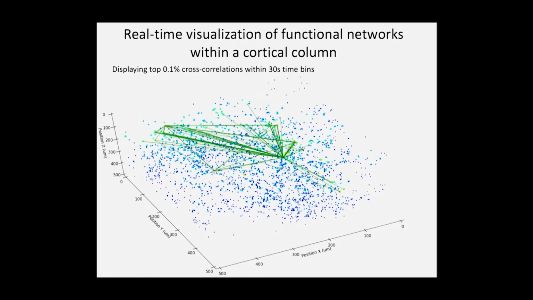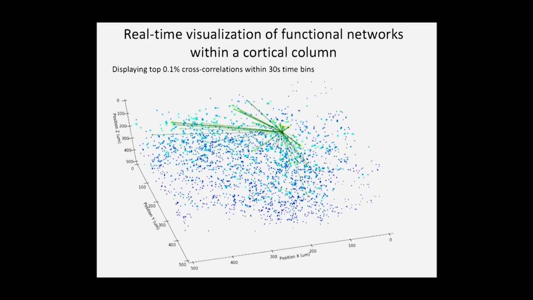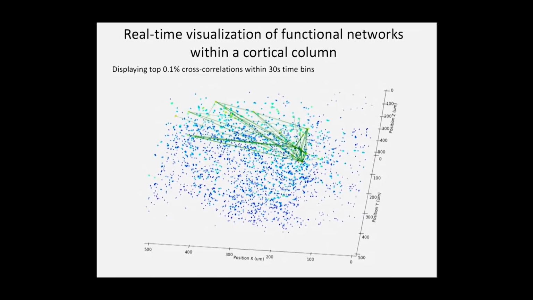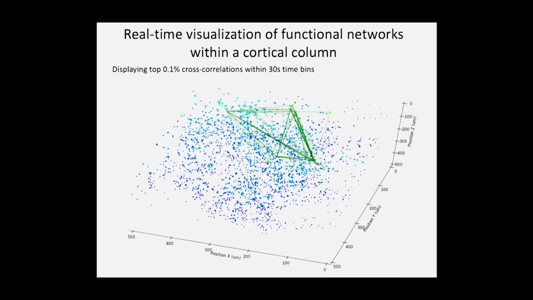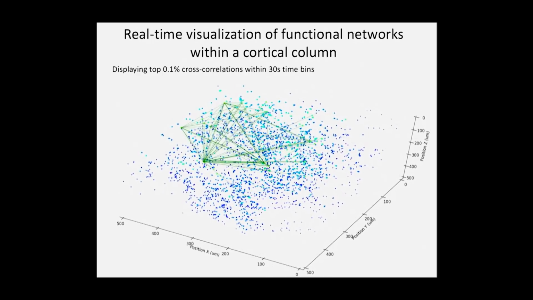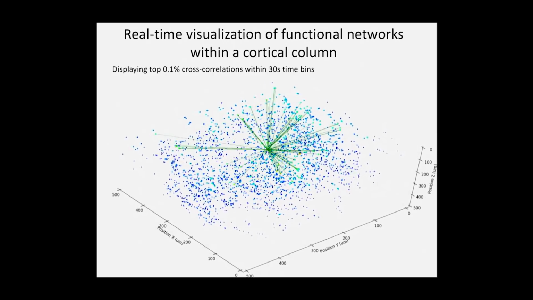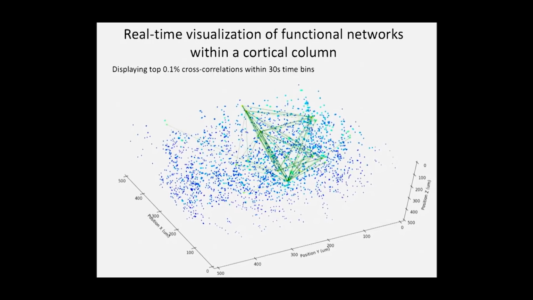What we observe are interesting functional connectivities or networks that form transiently and then change over time. Here the strength of these lines indicates the degree of the correlation. So one could look at these things in principle and ask how they change under different behavioral states, in diseased states, and so on.